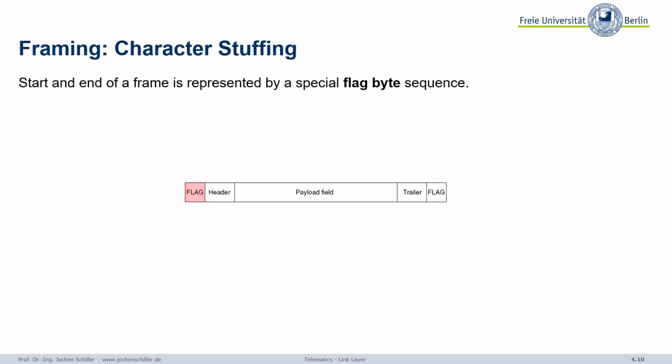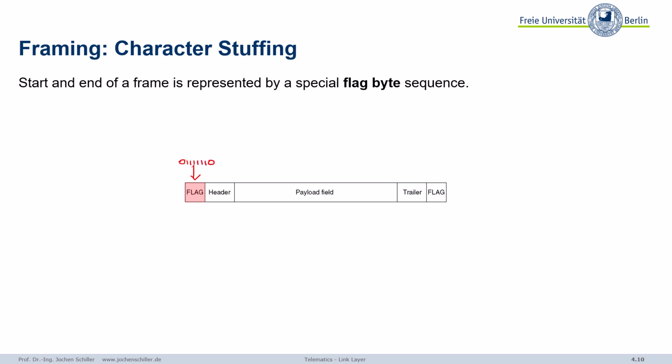Let's have a special flag telling the receiver, hey, this is the start. That sounds like a good idea. So why not having a special byte, special character, something like this? Okay, this is our flag. Okay, so let's say maybe this flag is now 01111110.